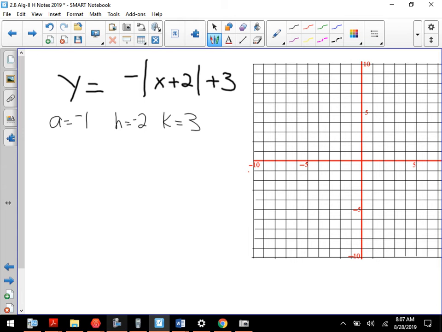And then it's just time to plot. Case 3. So with any luck, your vertex, if you will, is -2, 3.